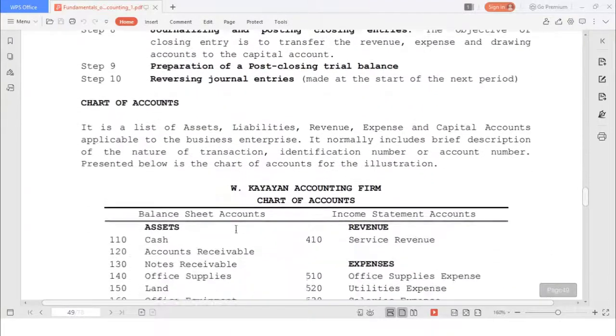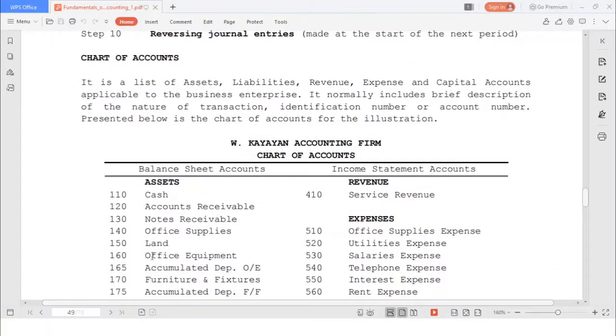Now, before we can start with journalizing, we have here what we call the chart of accounts. Okay, chart of accounts. It is a list of assets, liabilities, revenue, expense, and capital accounts applicable to the business enterprise.